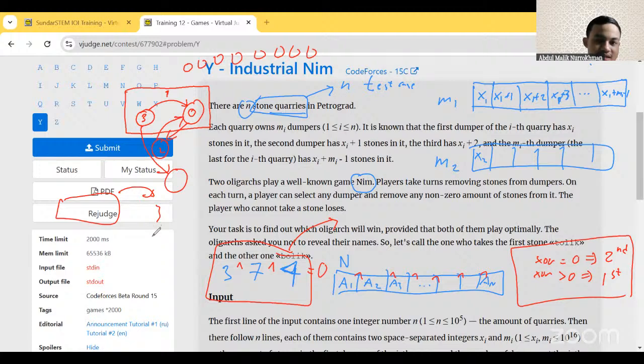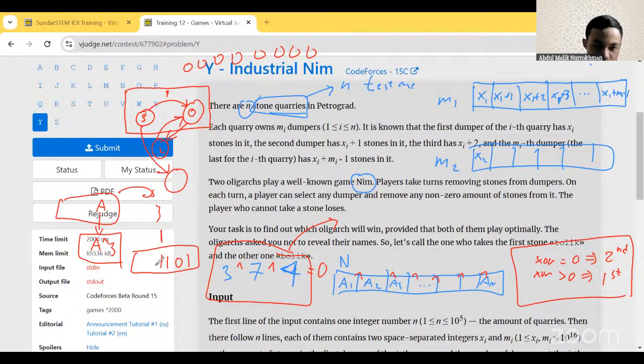Then just change a value with that value XOR 3. There is always a value like this. Why? Because if the XOR is 3 or any binary number, there must be a number that has this bit on.